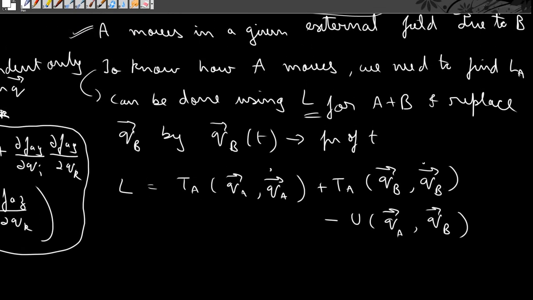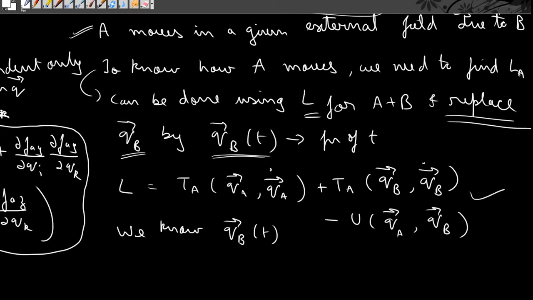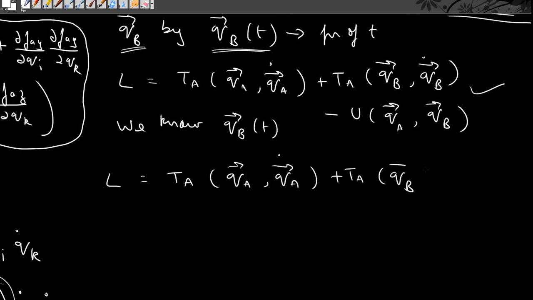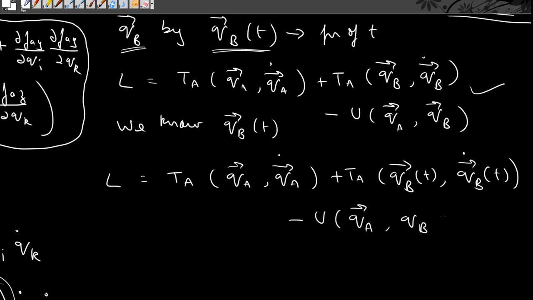So since we already know QB as a function of time, QB of t, we simply replace QB by QB of t in this expression, and we will get L equal to TA of QA dot plus TB of QB of t, QB dot of t, minus U of QA, QB of t.